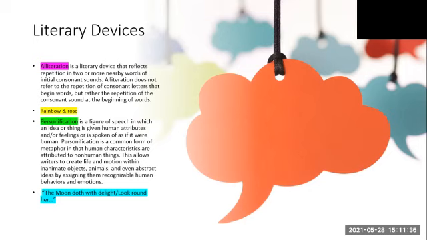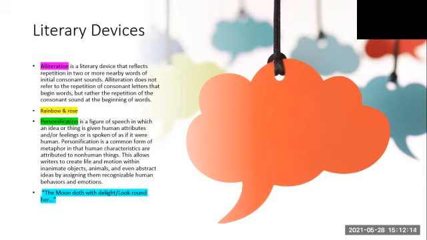Personification, like for example, the moon doth with delight look round her, and I'm sure you have done personification before in level 1, but let's refresh our memory. Personification is a figure of speech. So alliteration is a literary device. Personification is a figure of speech in which an idea or thing is given human attributes or feelings, or is being talked about as if it were human.